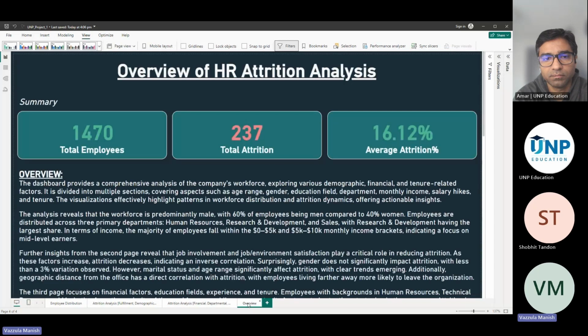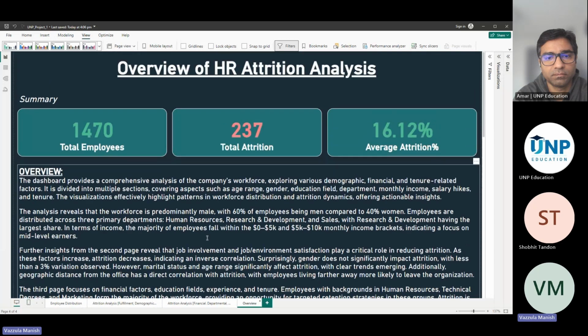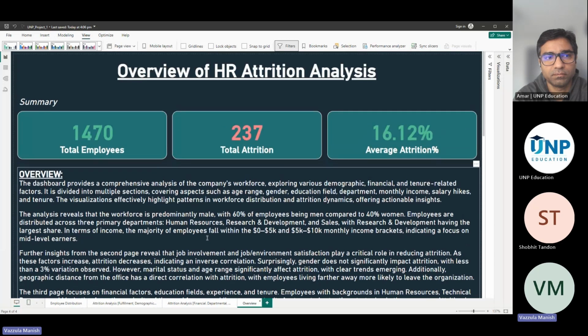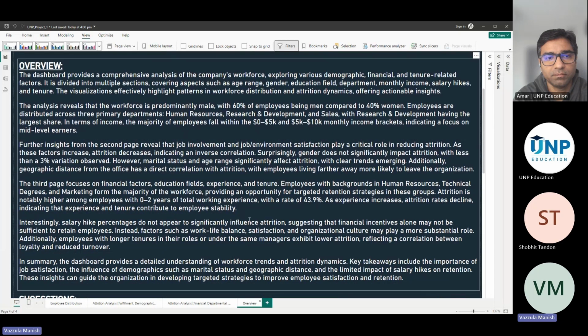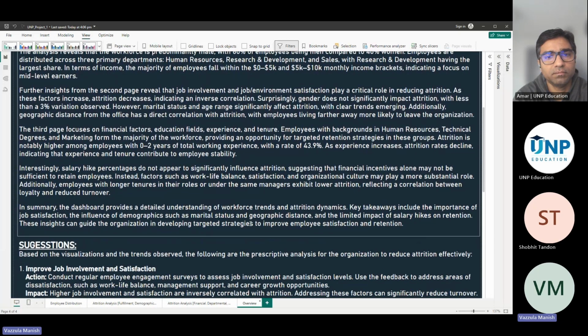So in an overview, we see that our attrition is about 16.12%, and we have looked into a lot of factors that are present. We have gone through the demographics, their marital status, their finances, etc. And this is a very long report, it's not worth reading.